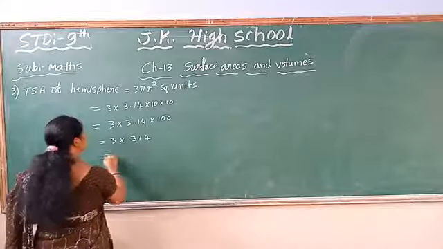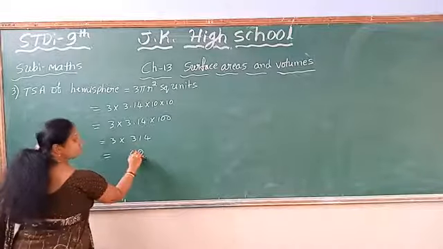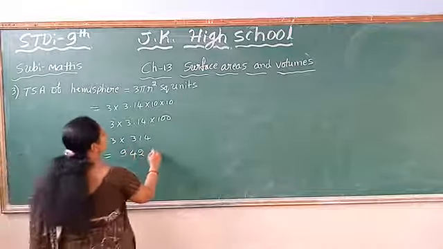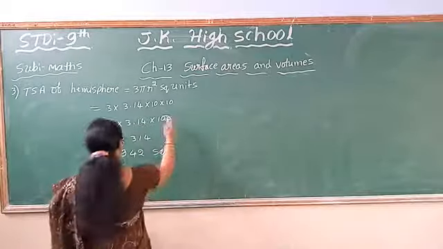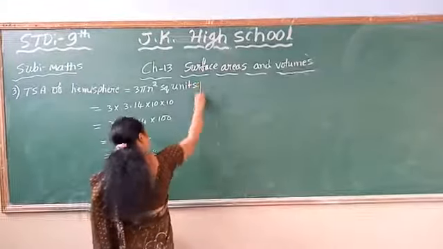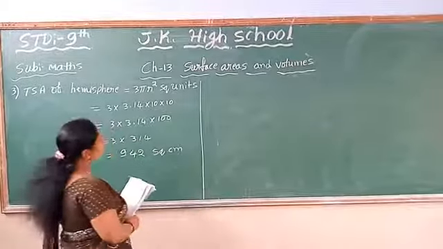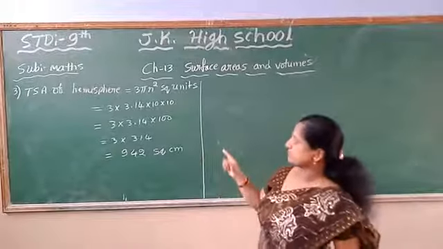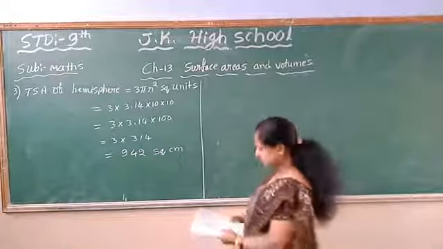You multiply these two and you get 3 4s are 12, 3 1s are 3 plus 1 is 4, 3 3s are 9, 942 square centimeter. If they have given the value in centimeter, you have to write it in centimeter. Okay, children? So when they give you the value of r, this is how to find the total surface area of a hemisphere, using the formula.